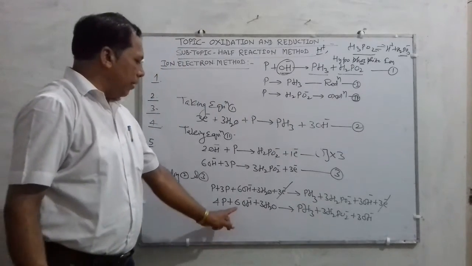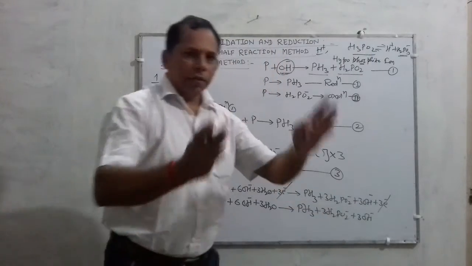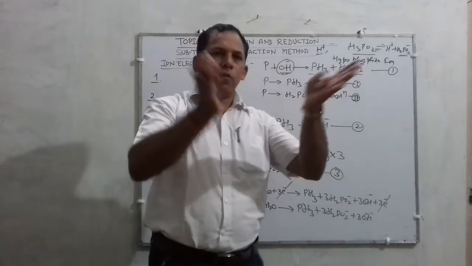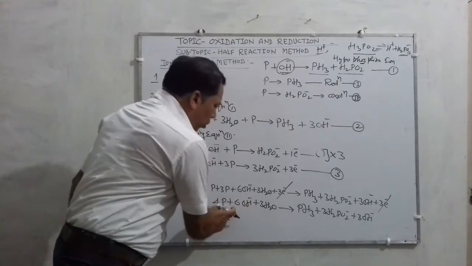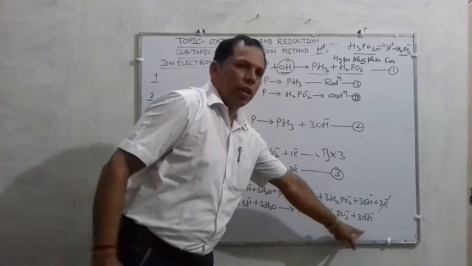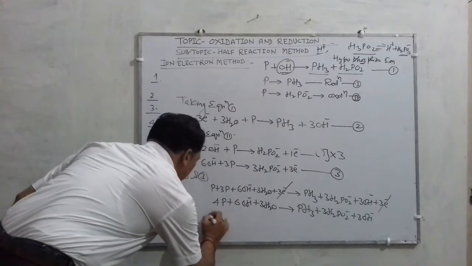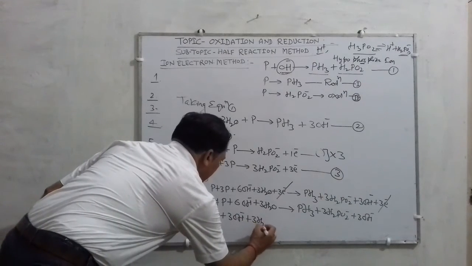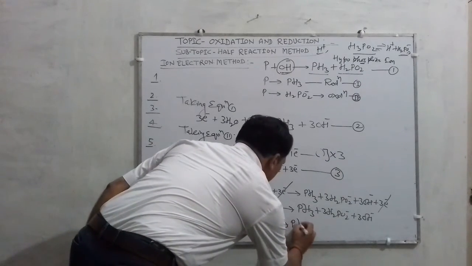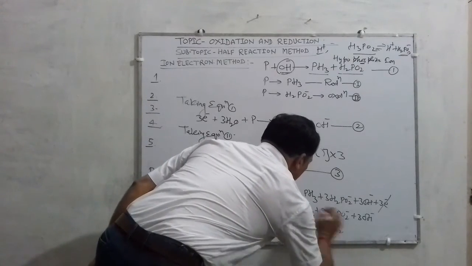Once more, children, 6OH minus is here and 3OH minus here. As in mathematics, if the same thing is equal on both sides, it gets deducted. When you deduct, this will become 4P plus 3OH minus plus 3H2O, changing into PH3 plus 3H2PO2 minus.